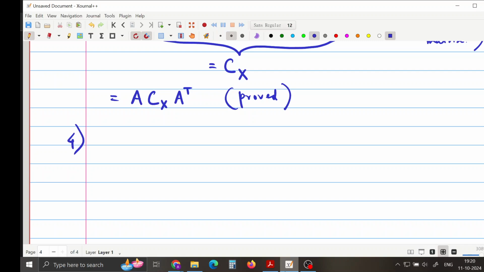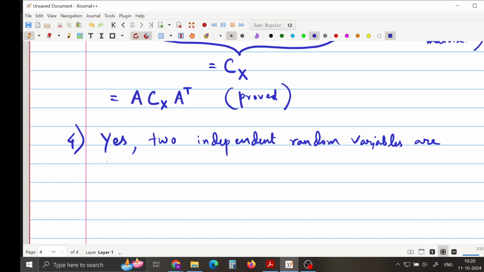So the answer is yes, two independent random variables are uncorrelated. But the converse is not necessarily true. The converse turns out to be true in case of jointly Gaussian.